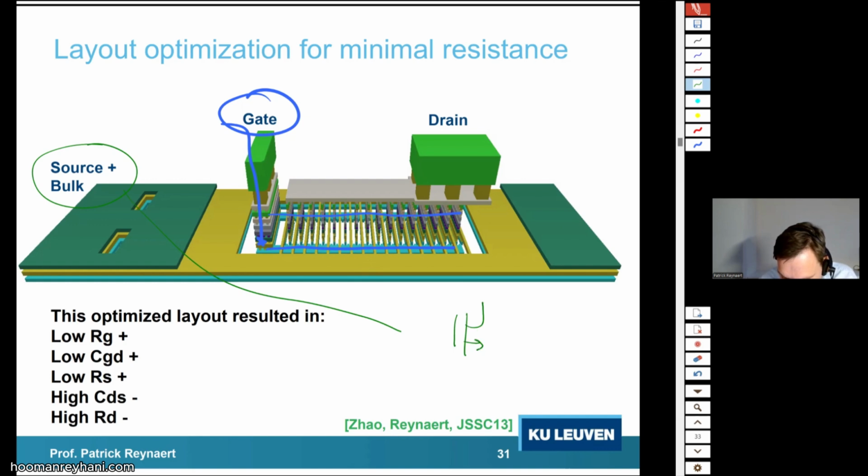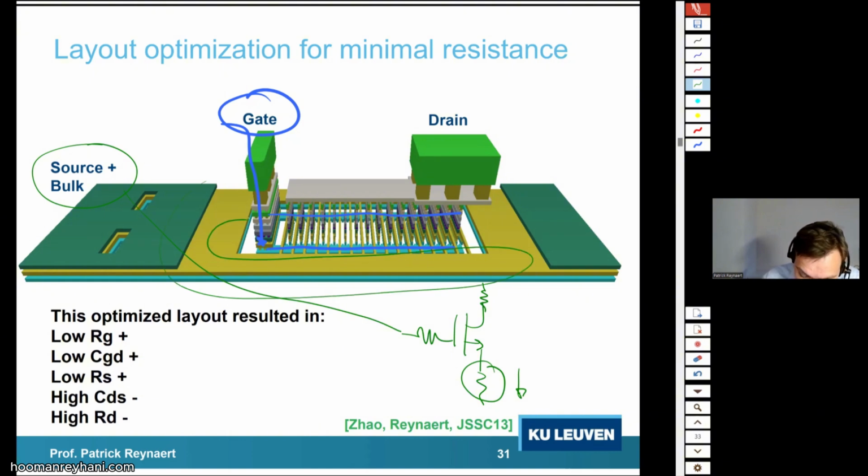If you look again at the parasitic resistance that you have, you also want to make sure that this resistance is sufficiently low. But that one, at least in a common source, it's easy to get very low because you can put wide metal traces over here between source and bulk. The gate, you try to keep as low as possible.